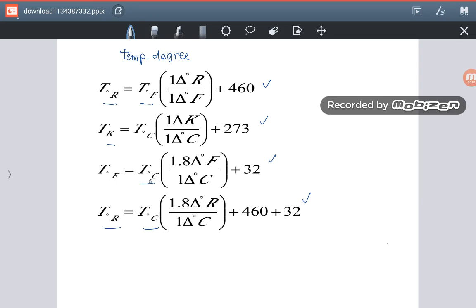However, from, let's say, SI unit, degree C to Fahrenheit, you need to times 1.8 plus 32, and from degree C to Rankine, you need to times 1.8 plus 460 plus 32. So try to understand how this formula has been made and where it came from, and we will also use it in the example given later.